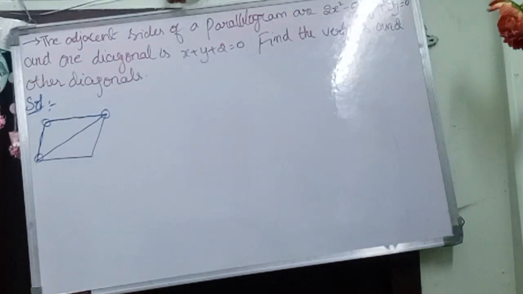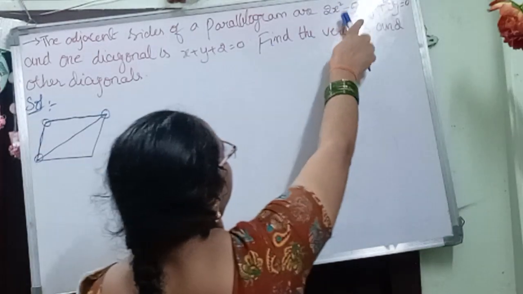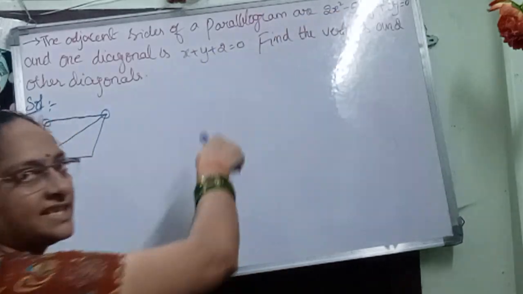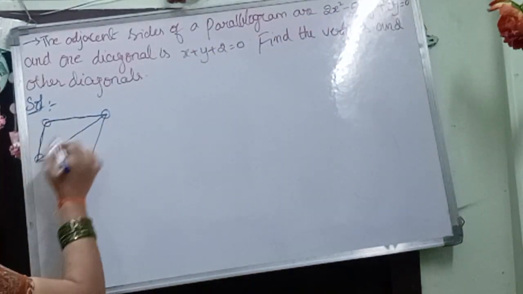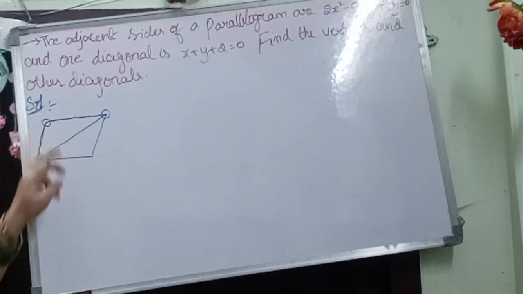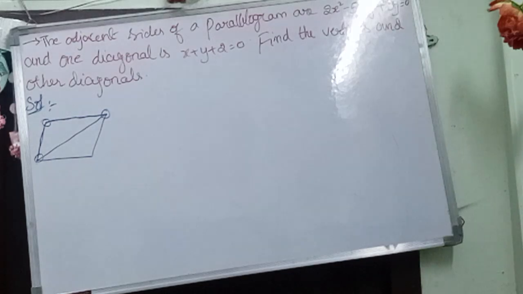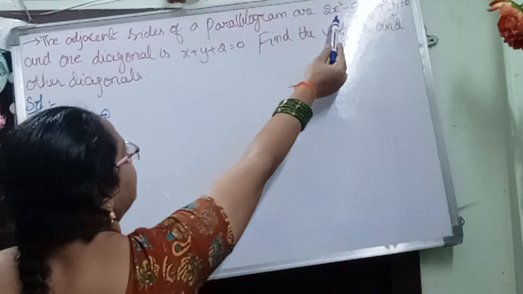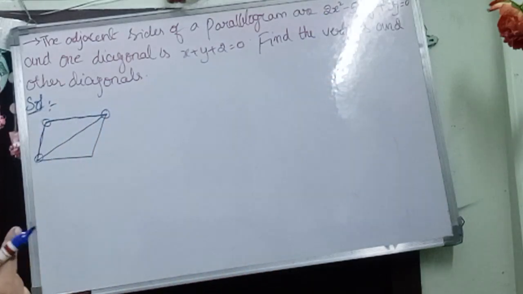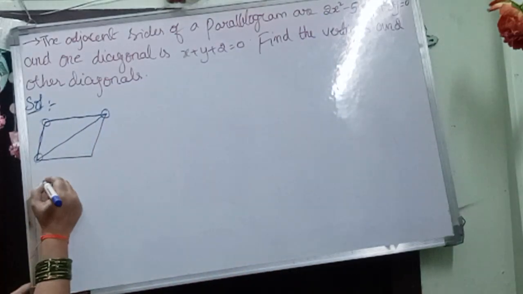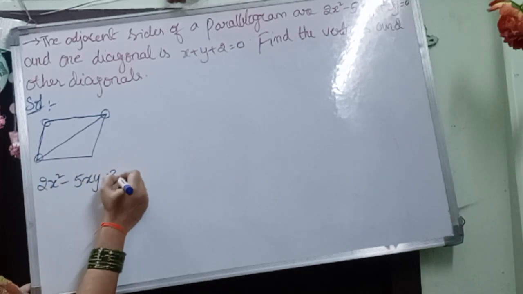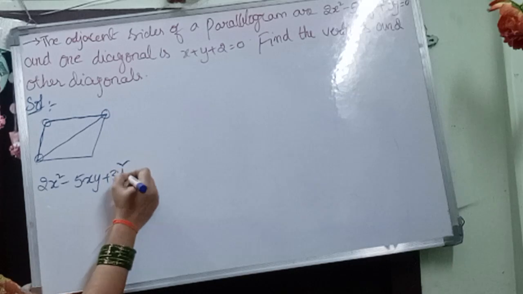By using two equations from this pair and the one diagonal equation, we can find the first three vertices of this parallelogram. So let us separate this pair of straight lines into two different straight lines: 2x² - 5xy + 3y² = 0.